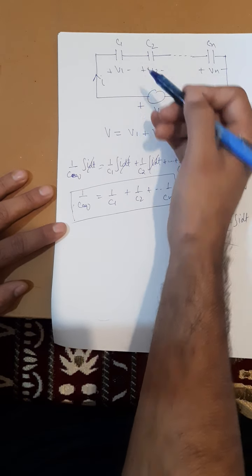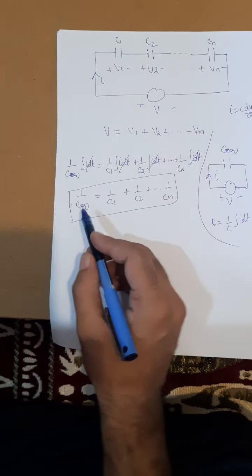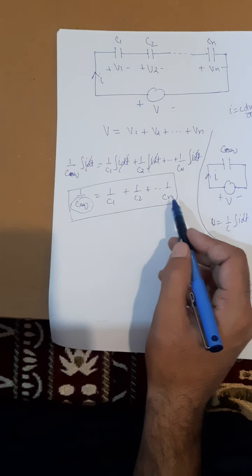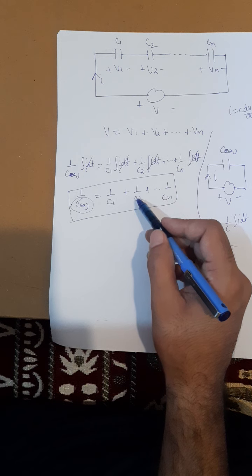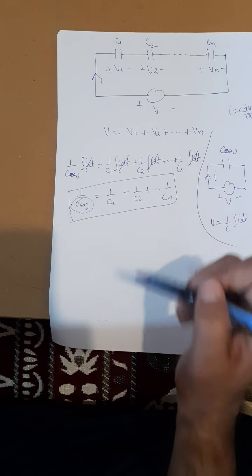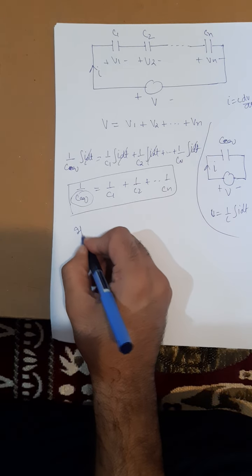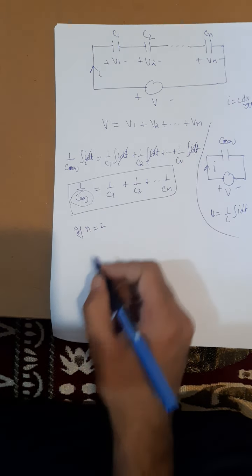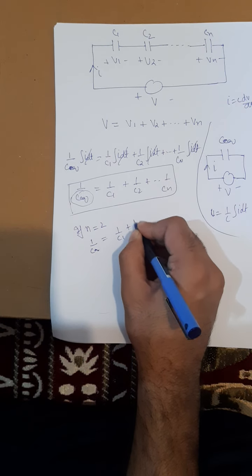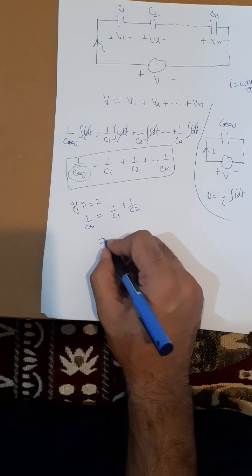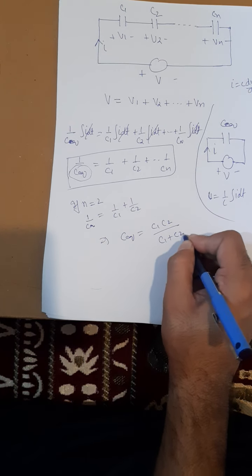So the equivalent capacitance of series connected capacitors is the reciprocal of the sum of the reciprocals of the individual capacitances. If n is equal to 2, 1 by C equivalent is equal to 1 by C1 plus 1 by C2. From here, C equivalent is equal to C1 C2 divided by C1 plus C2.